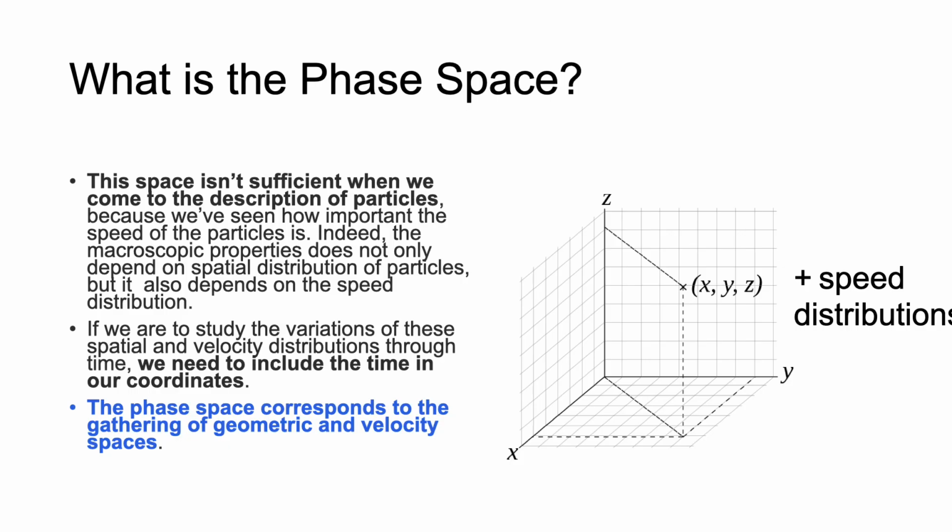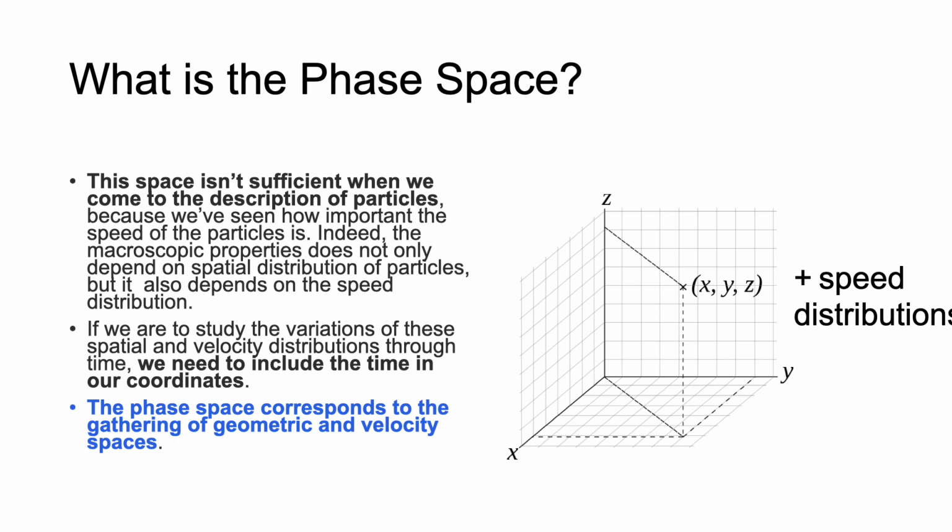And the reason is that the normal space isn't sufficient when we come to the description of particles. We've seen how important the velocity of the particles is. So the macroscopic properties do not only depend on the spatial distribution of particles, but also on the speed distribution.